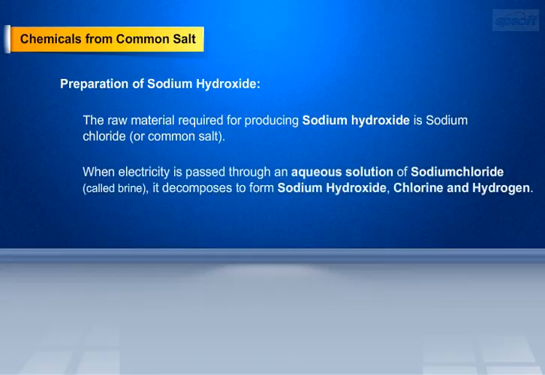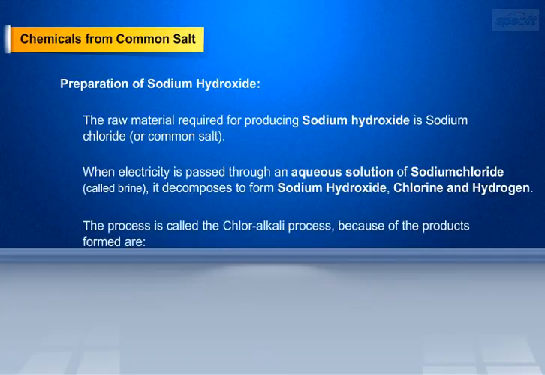When electricity is passed through an aqueous solution of sodium chloride, called brine, it decomposes to form sodium hydroxide, chlorine and hydrogen. The process is called the chloralkali process, because of the products formed: chlor for chlorine, alkali for sodium hydroxide.